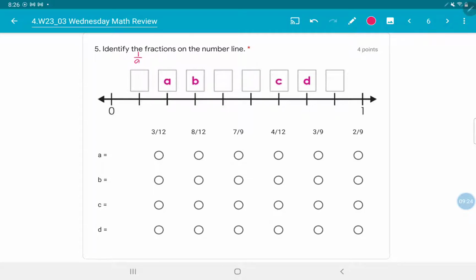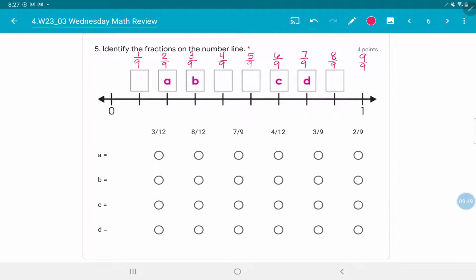The first one would be 1/9, then 2/9, then 3/9, 4/9, 5/9, 6/9, 7/9, 8/9, and one whole is equal to 9/9.